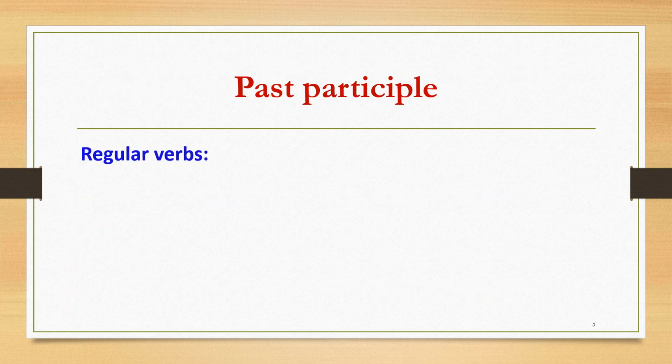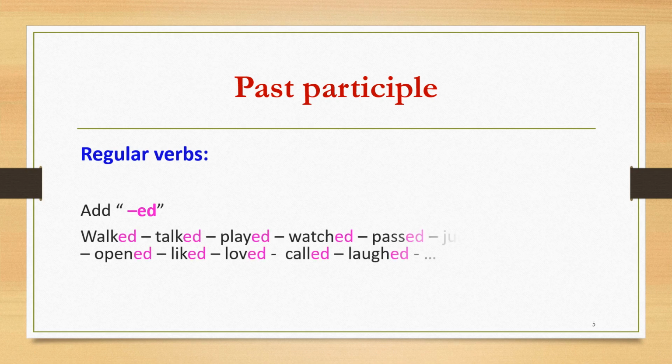For regular verbs, the past participle is typically formed by adding ed at the end of the regular verb, such as walked, talked, played, watched, passed, jumped, worked, opened, liked, loved, called, laughed, etc. However, irregular verbs have unique past participle forms that do not follow the regular ed pattern.